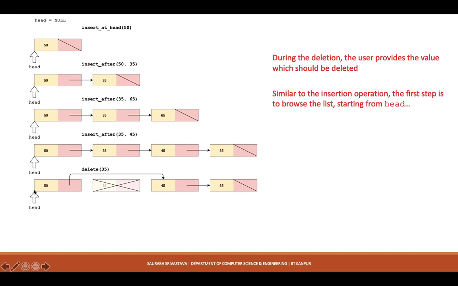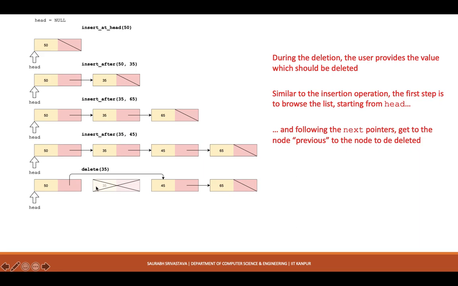You start from the head and move forward, and whenever you find the node with the expected value, you make the pointer in the node previous to the node that has to be deleted, the next pointer of that node, jump over and point to the next node in the list. So you can see that I haven't really removed anything. It's just the pointer that has been changed.